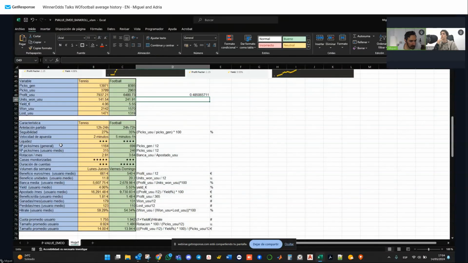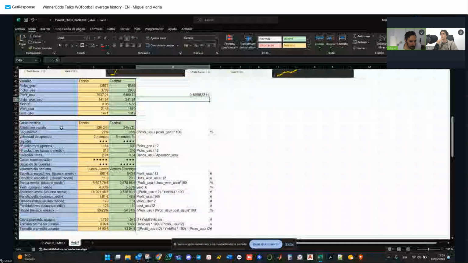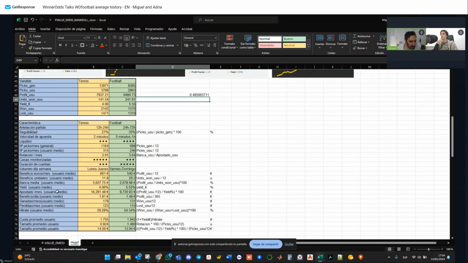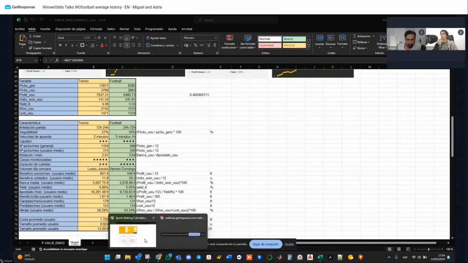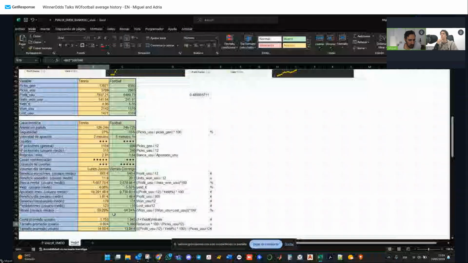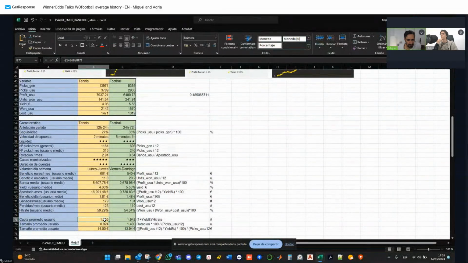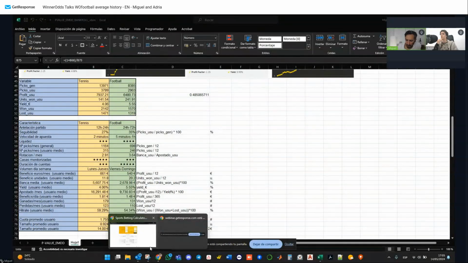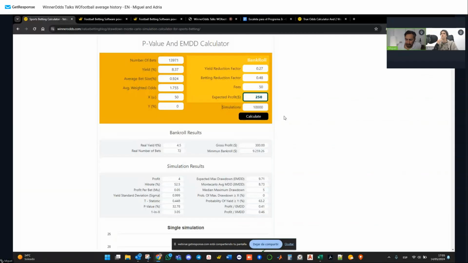So this is 0.92, okay? The average bet size. And the average weighted odds, meaning that lower odds have more weight because you place bigger bets, are 1.755.